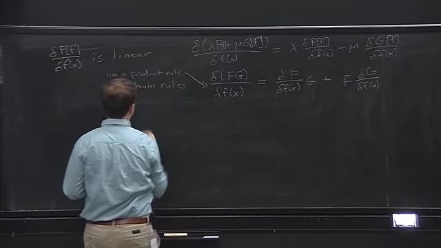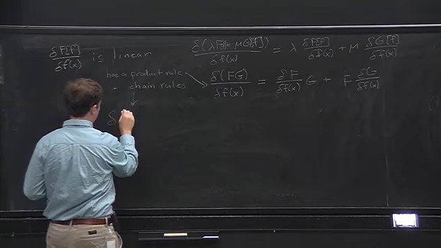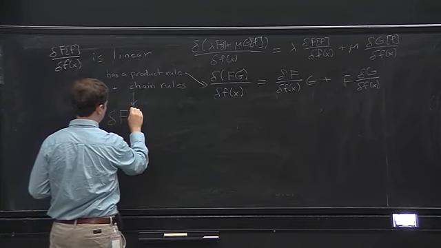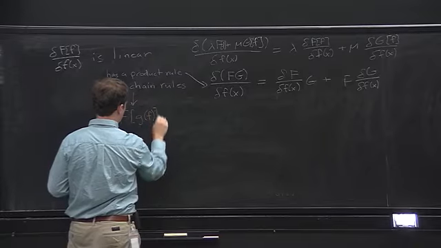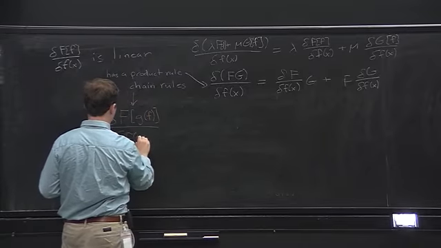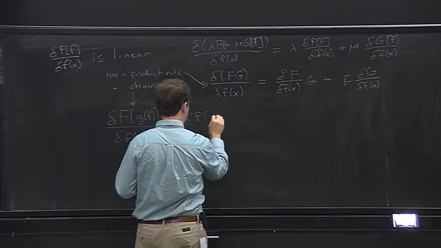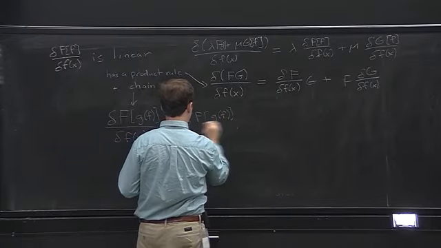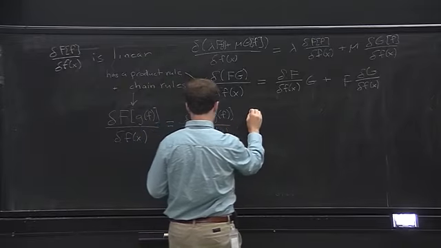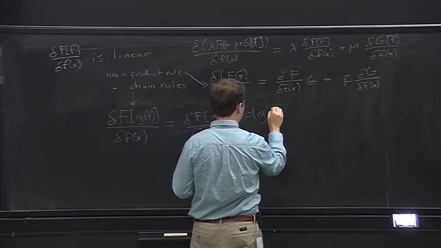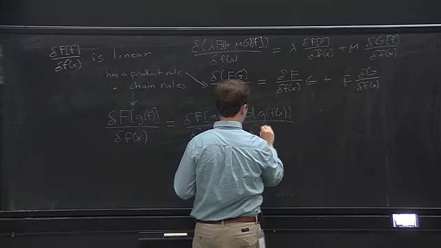The first: if we take the functional derivative of a functional of g of f with respect to f, we can write this as the functional derivative of f with respect to g of f of x times the ordinary derivative of g of f with respect to f.